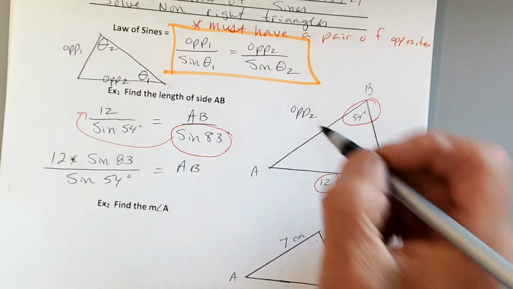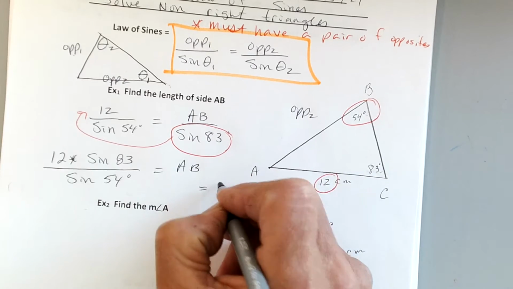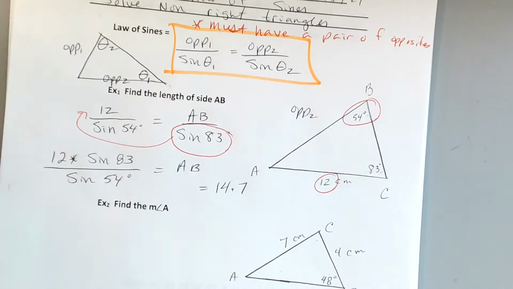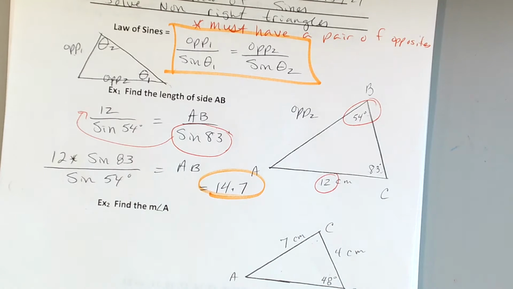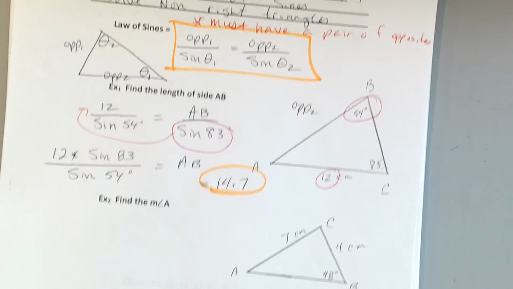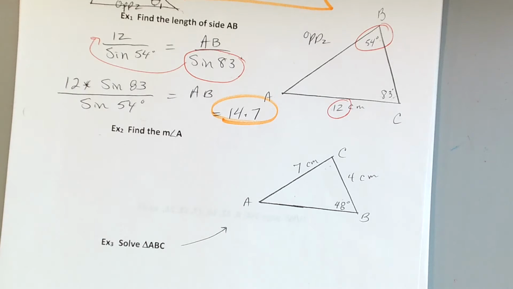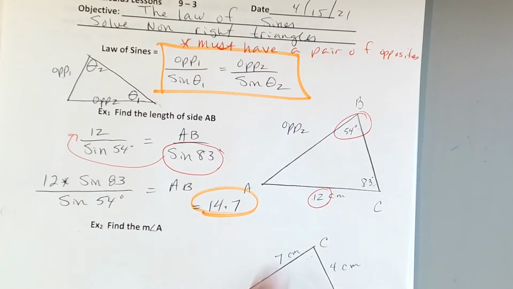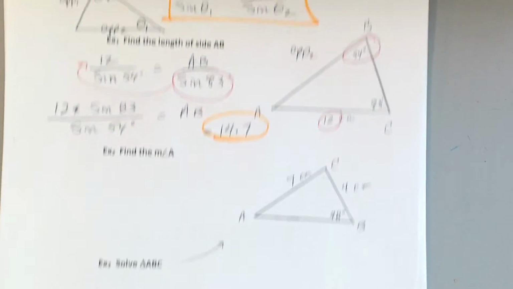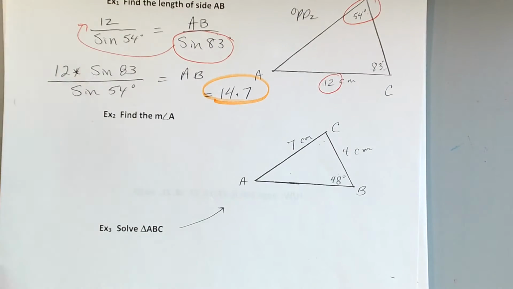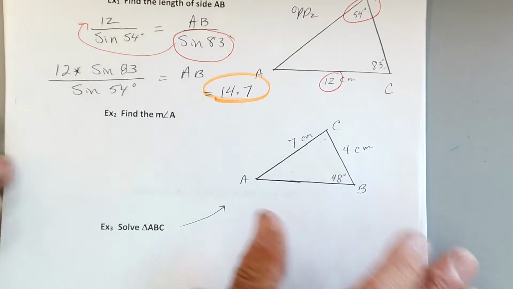Okay, so 14.7. What do you think? Thumbs up? It's pretty easy, isn't it? Okay. Now, the law of sines can also solve angles. You can see that, right? So when I want to find an angle, the only difference is I like to write the formula upside down. I like to put the angles on top.